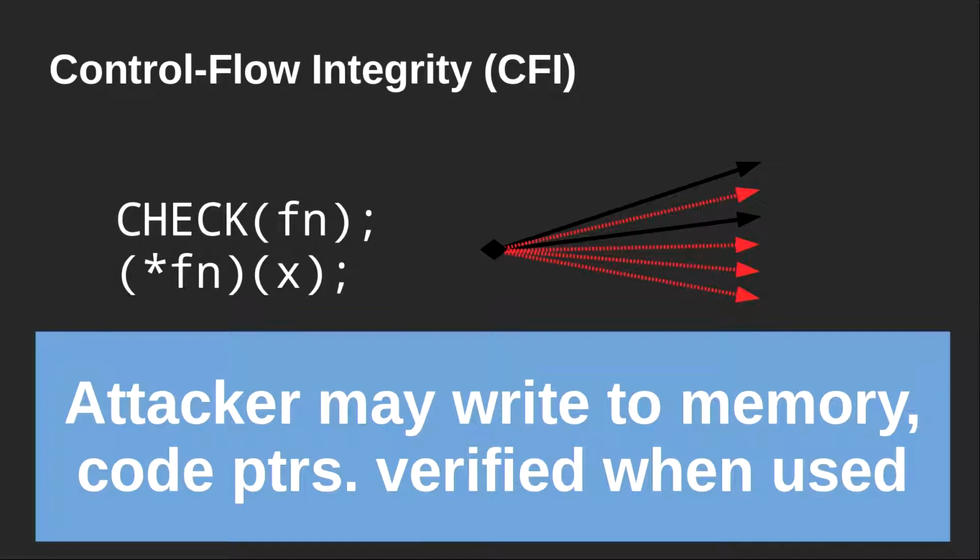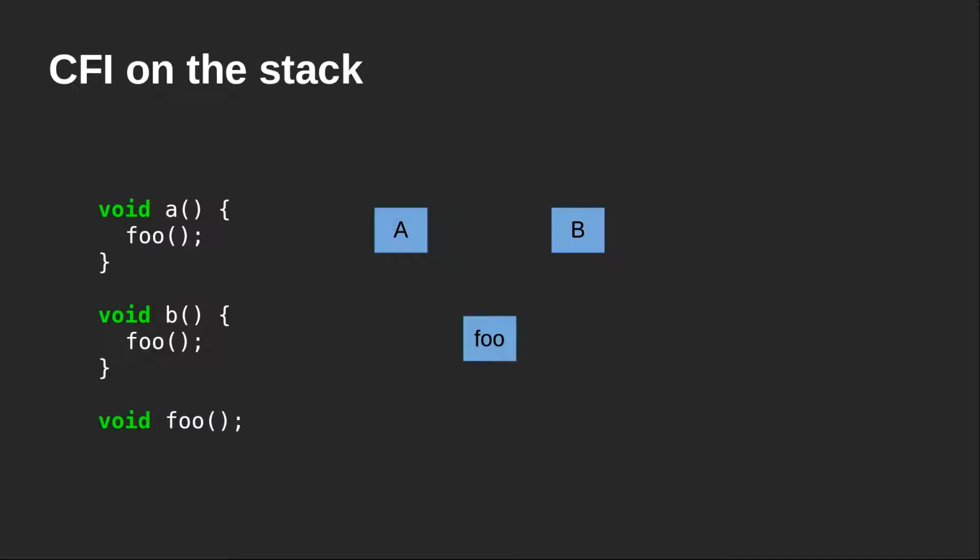But let's go back to the example of the two callers that both call foo. Under a control flow integrity policy on the stack, if A calls function foo, then foo can later return to either A or B. Both are valid targets. And the analysis that searched through the source code found that both A and B are calling function foo.